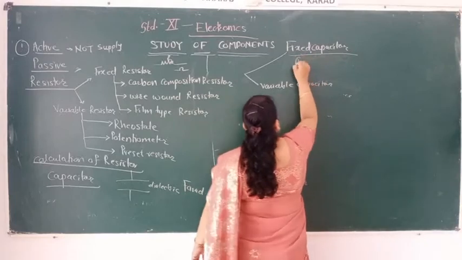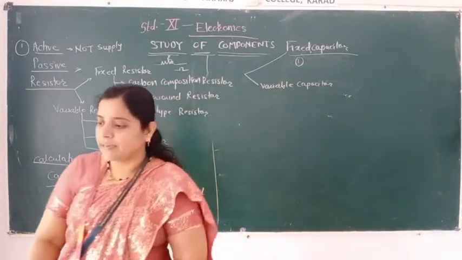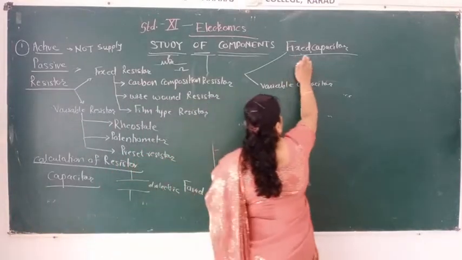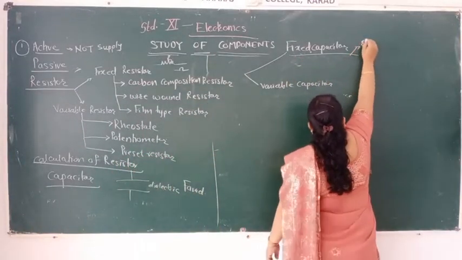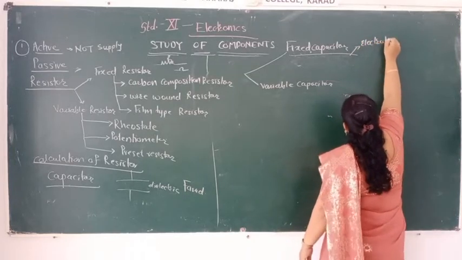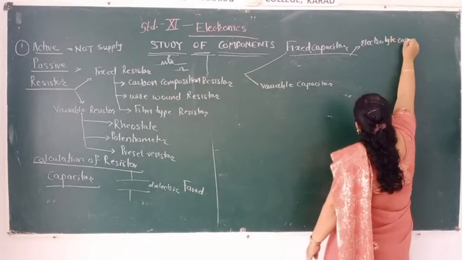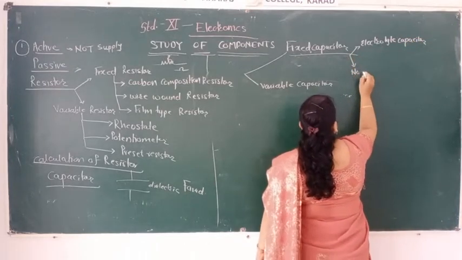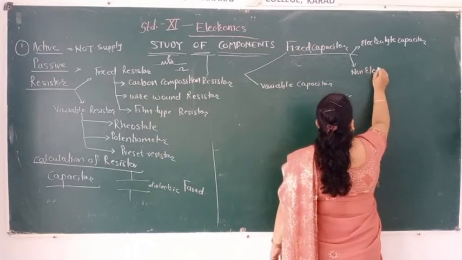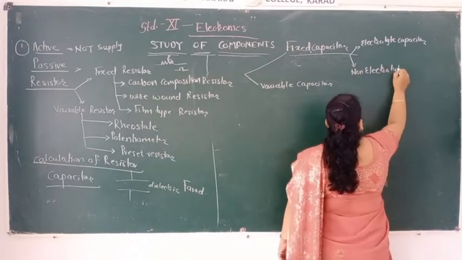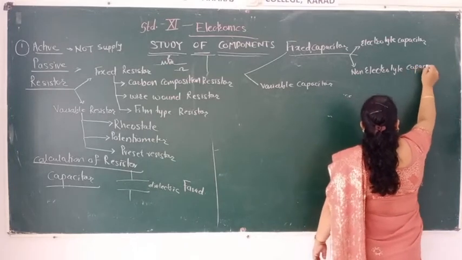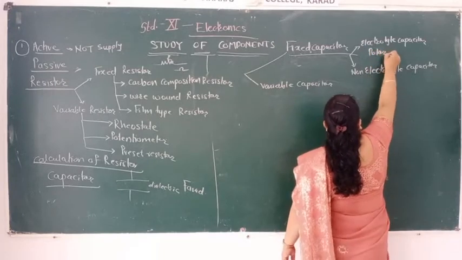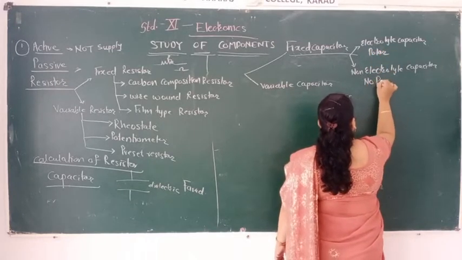Fixed capacitor is again divided into two types: electrolyte capacitor and non-electrolyte capacitor. Electrolyte means polar capacitor, and non-electrolyte is non-polar capacitor.